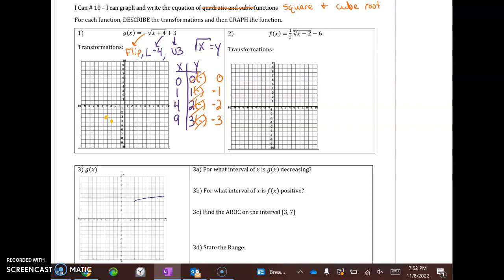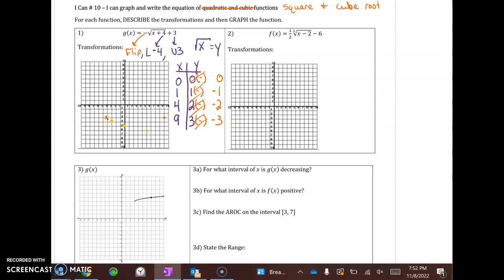Then I will be looking at 4, -2, which starts here, and that's going to go left 4 and down 3. And then finally, we are going to go to 9, -3, which is here, and then it will go left 4 and down 3.